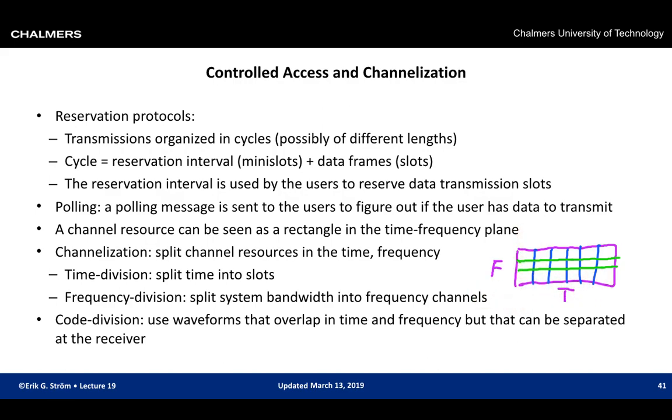We just use signals which are uncorrelated with each other, but overlapping in both time and frequency. There's nothing strange about them, but there is no particular advantage that we get more channels by using code division compared to frequency division or time division. All of these generate the same number of channels under ideal conditions.